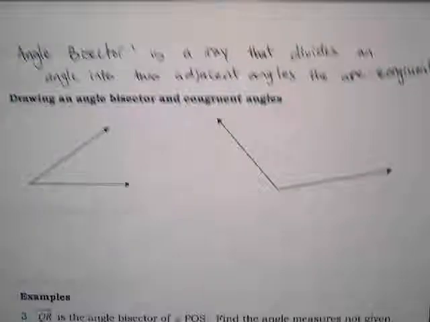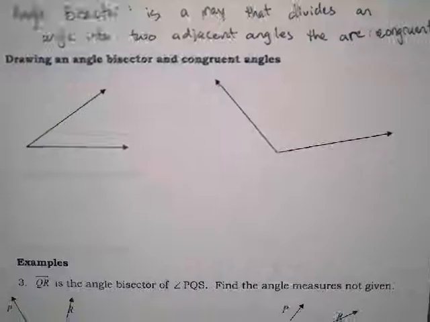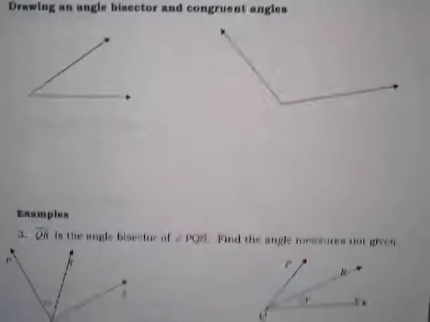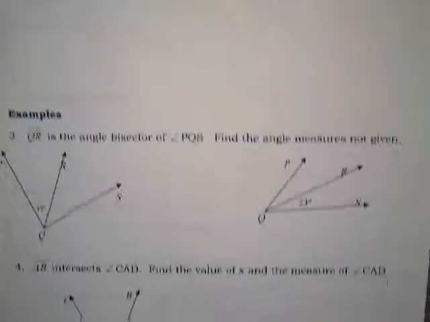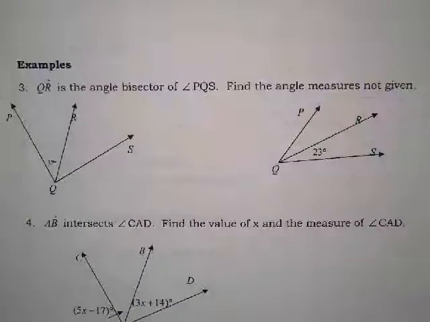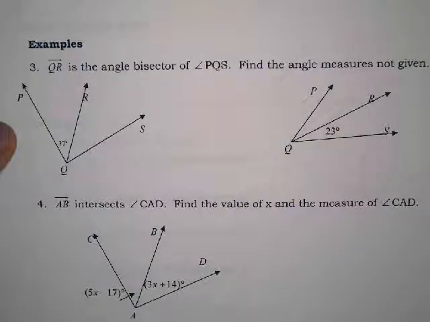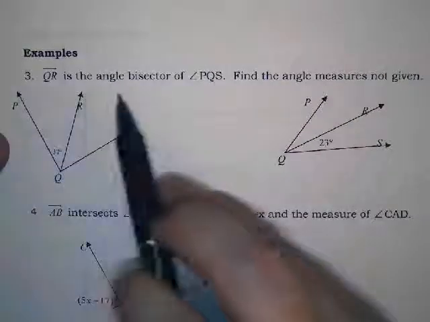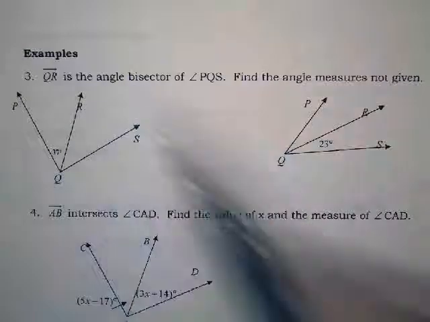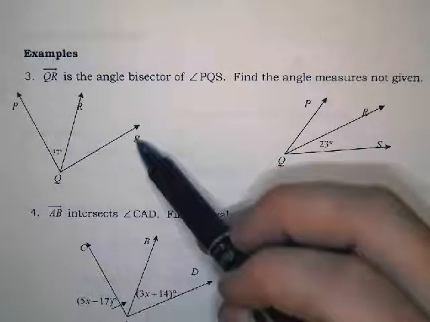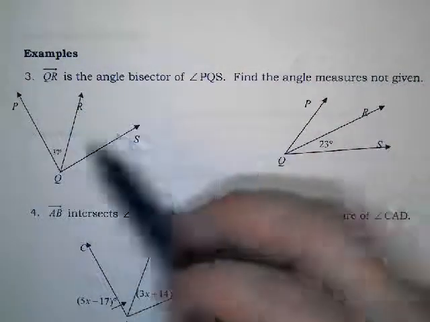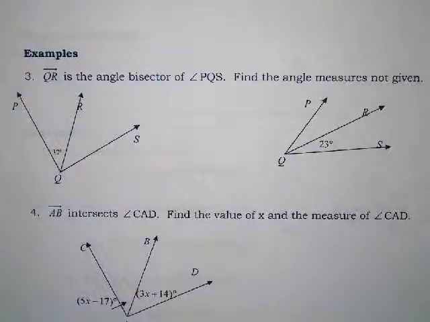So we're going to skip these right here, drawing an angle bisector and congruent angles. Let's go down to examples 3 and 4. So the first example for 3. Okay, so QR is an angle bisector. That's telling me it's splitting PQS into two equal angles.